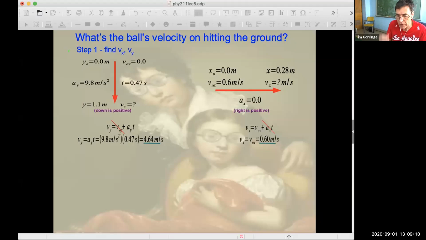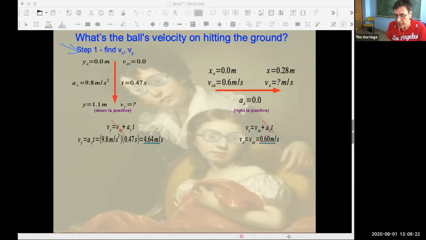That's what I'm doing in what I call step one. Step one, I'm going to find Vx, Vy, the final x component and final y component of the velocity. And then once I figure those, I can worry about the magnitude and direction of the velocity.